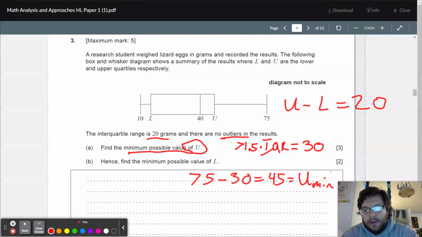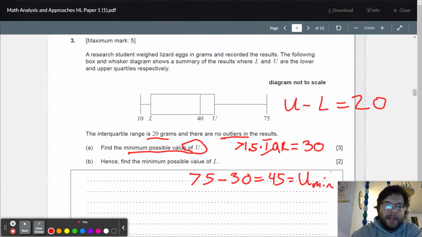Because it has to be less than or equal to 30 grams away from U. And similarly, I could look at L and know that L is 30 away from 10 and conclude that L can't be any bigger than 40.